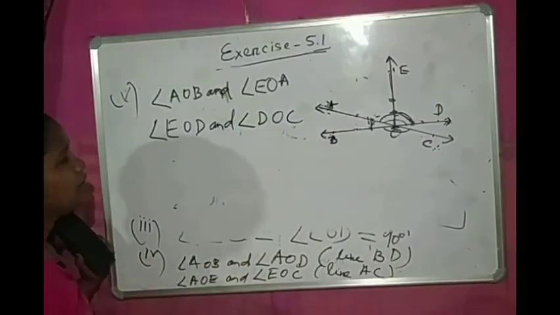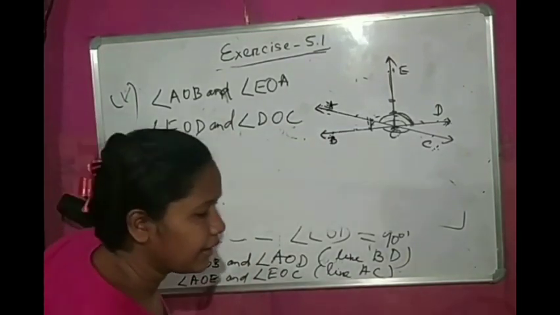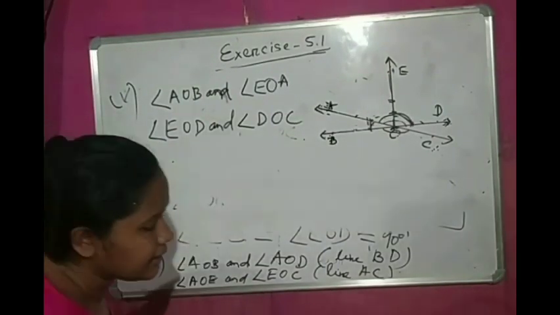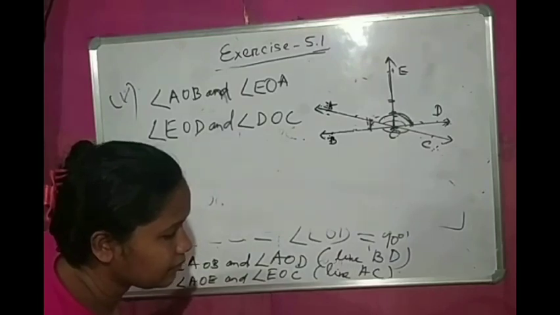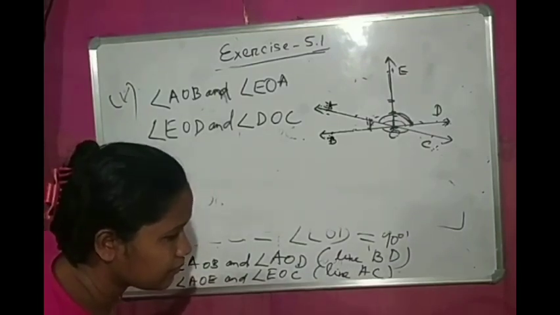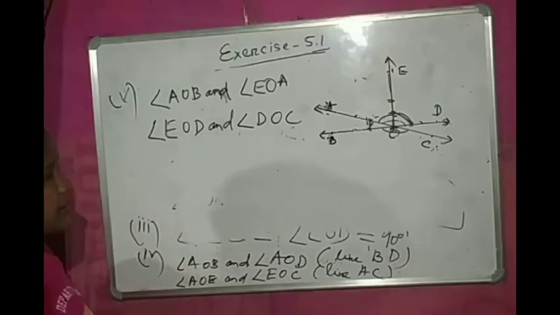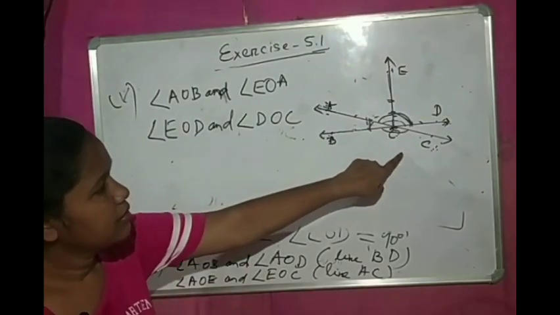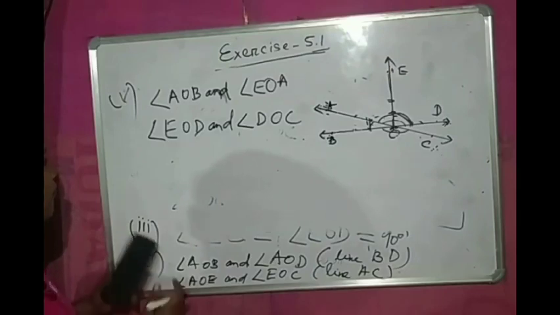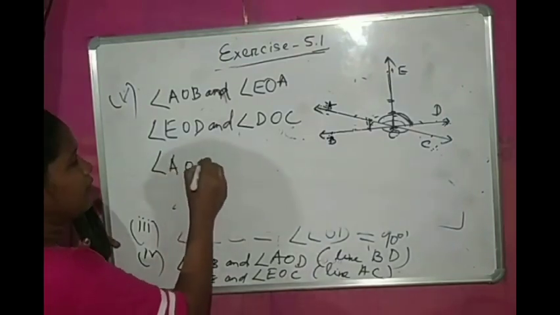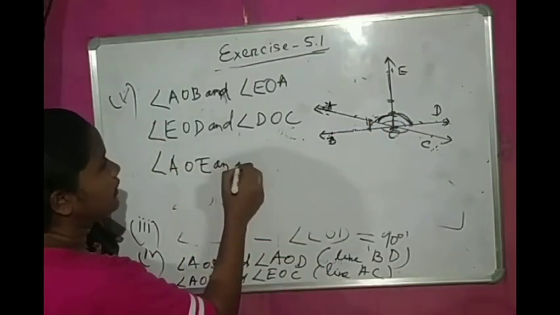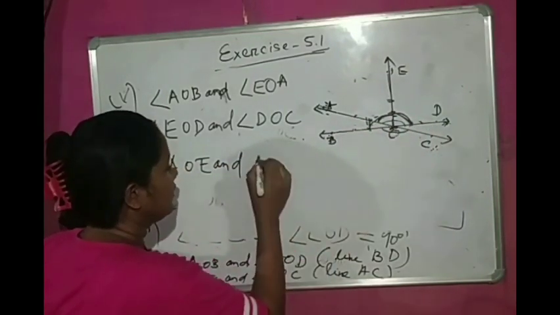They are not forming a linear pair, but they are adjacent angles. Next, angle AOE and angle EOD.